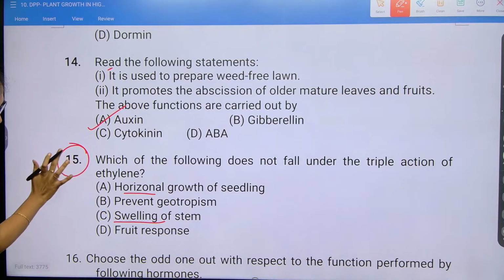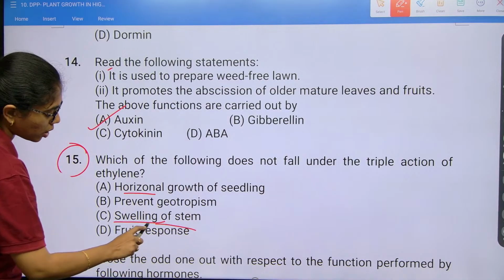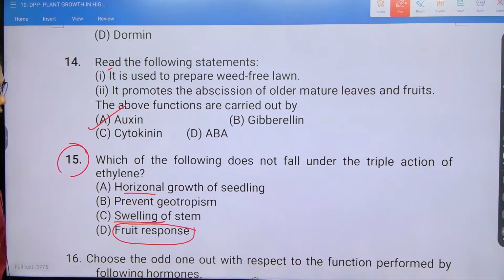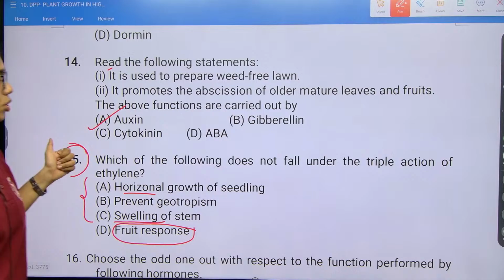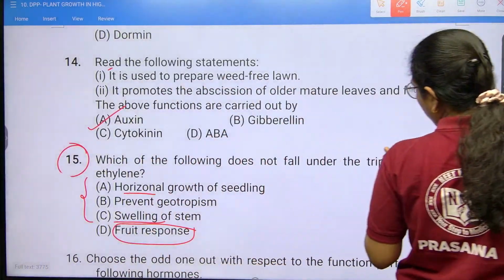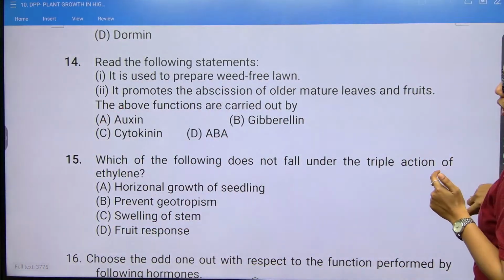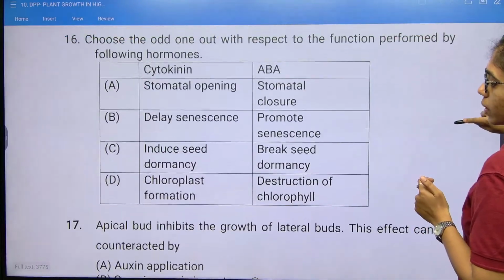This is promoted. These are the triple responses. So, nowhere is fruit response included in the triple response. These three are included. Okay. What are they? Horizontal growth, prevents geotropism and swelling of stem. 16th question you look into.